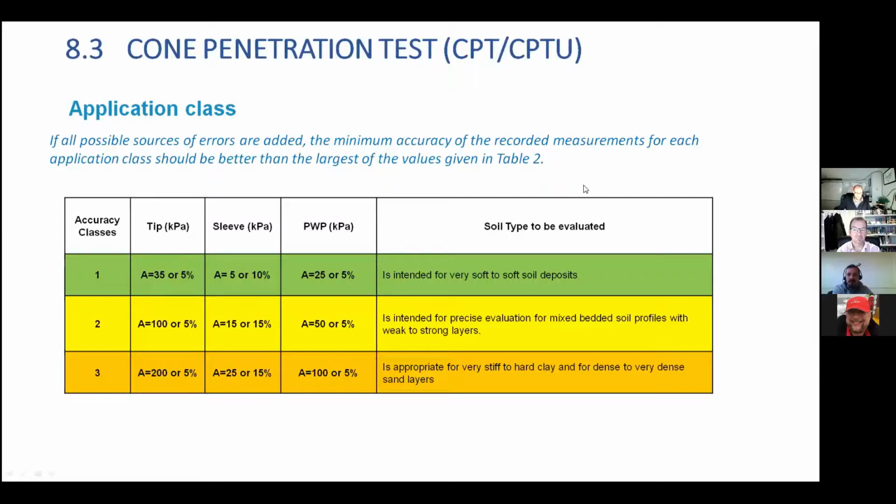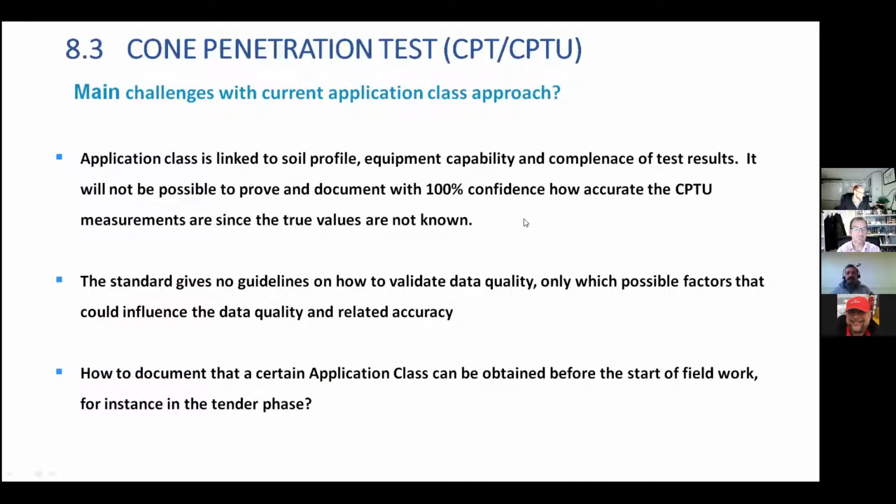But this approach was a little bit controversial, in the sense that the whole thing was linked to soil profile, equipment capability, and compliance of the result. However, we never were 100% sure about what the true value is, and therefore it was not so easy to quantify the uncertainty of each one of those aspects.